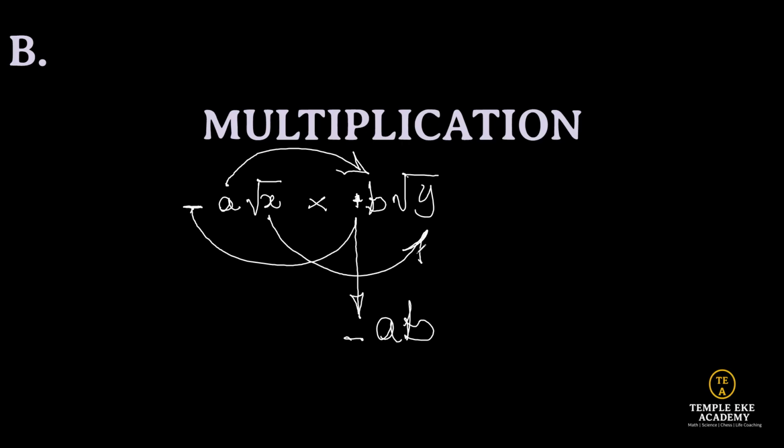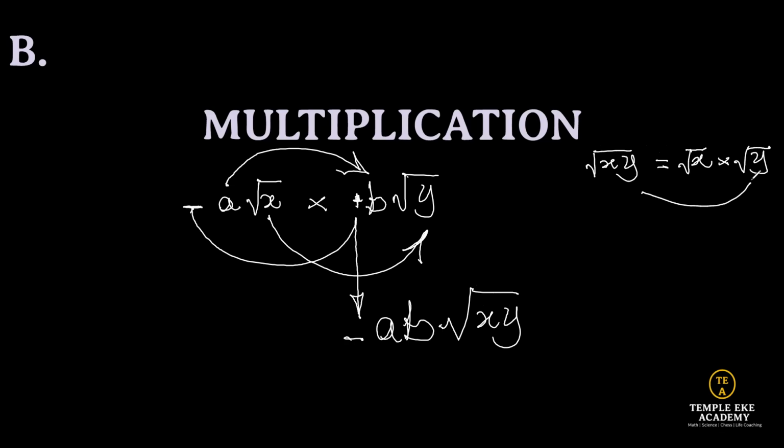The square root of x multiplied by square root of y, a reversal of the first law we studied in this video. So we're going to recombine as x multiplied by y. Remember, the law is reversible. So if we have the square root of xy, the law of surds says this can be broken up into the square root of x multiplied by the square root of y. A recombination is also possible.